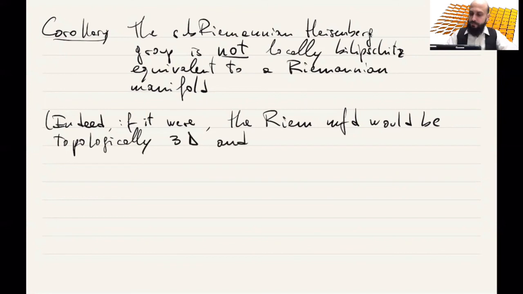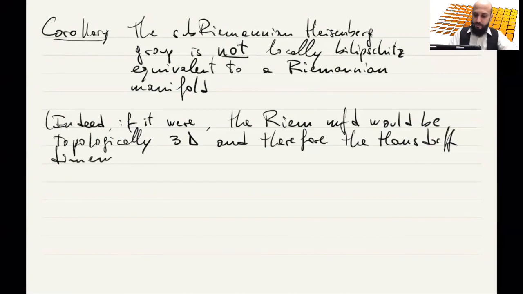But Riemannian manifolds are locally Lipschitz equivalent to a Euclidean space, and therefore the Hausdorff dimension would be equal to 3 and not 4.